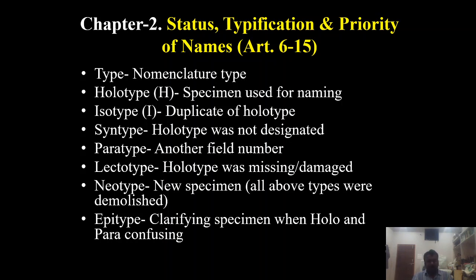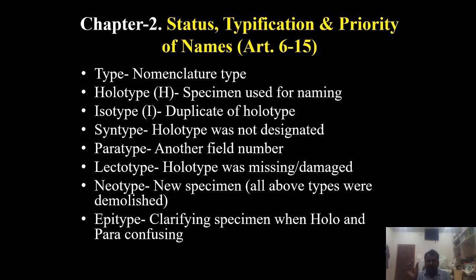Paratype. Paratype is nothing but a specimen of the same species with another field number. The lectotype: when a holotype is missing or damaged, then the author or another scientist will select one of the above types as a holotype, that means isotype, syntype or paratype.